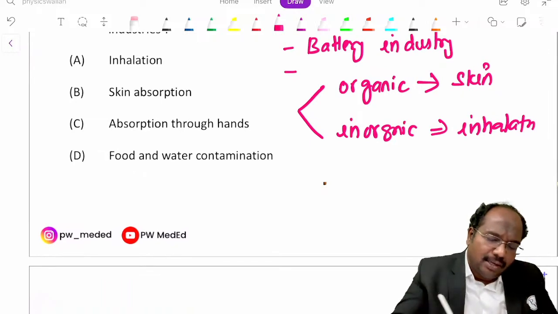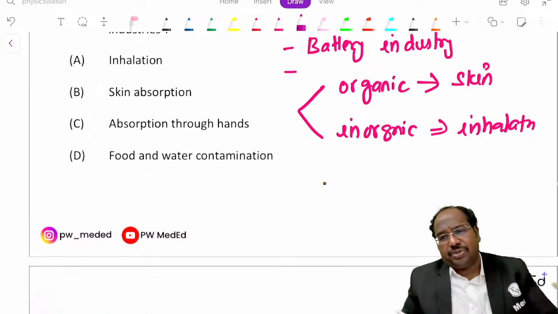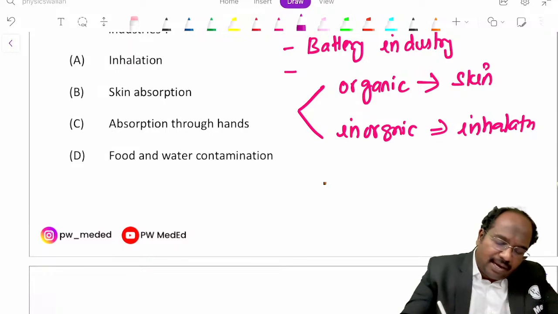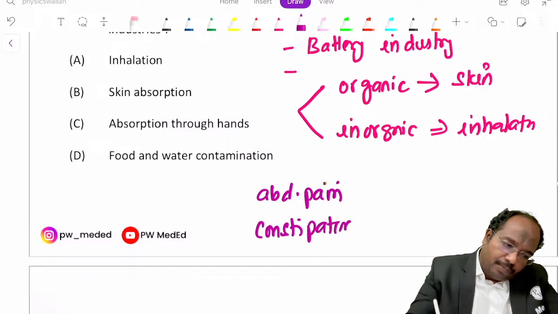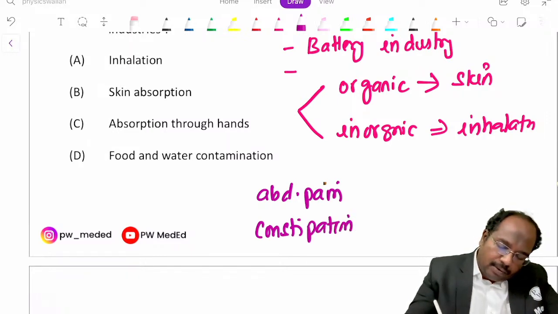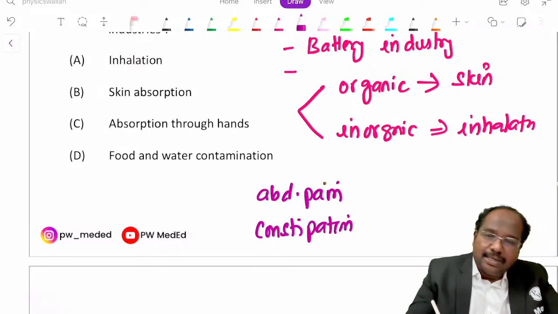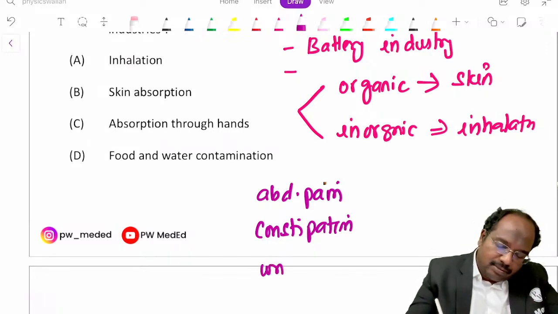So what are the symptoms the person may show? The patient will have abdominal pain and constipation. What is the blue line in the gums?